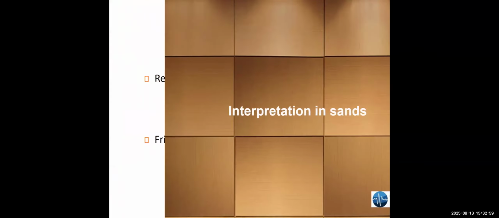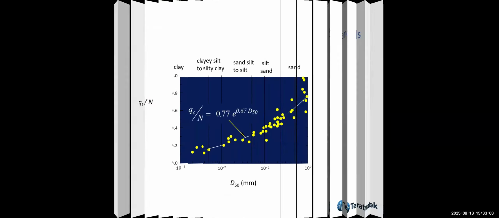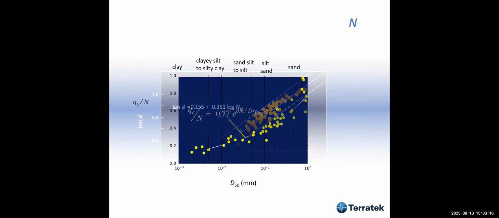Well, interpretation in sands: we can obtain relative density and frictional angle. This is a relationship between N, SPT, and which can be used, but you must have the diameter of the sand.